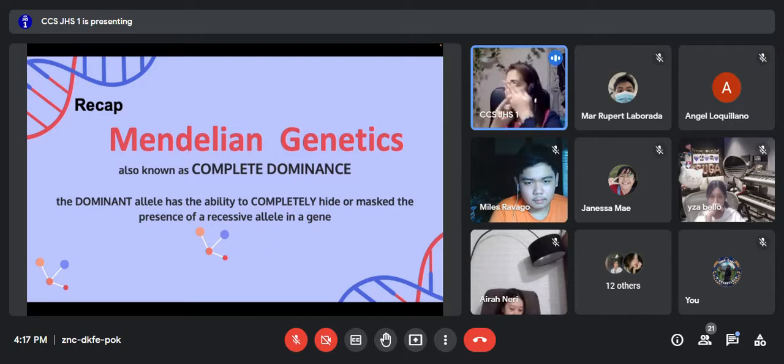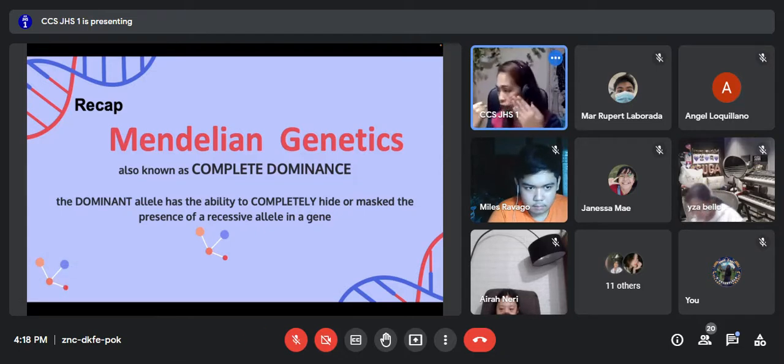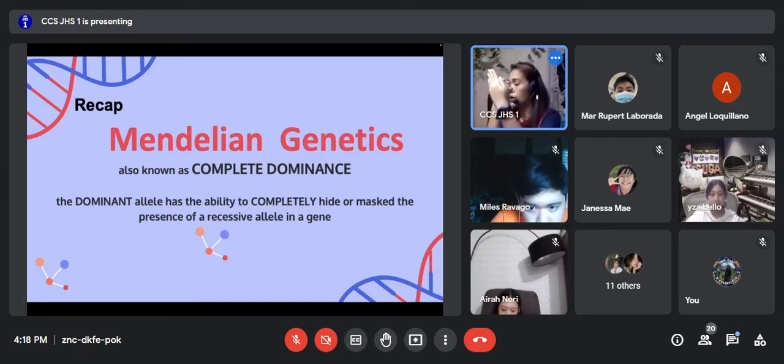Let us say this open palm, my left hand, is the dominant allele. It represents a dominant allele, a capital letter. The other one, my closed fist, will represent the recessive allele. Now let us combine them together. Let us say we have a heterozygous genotype.